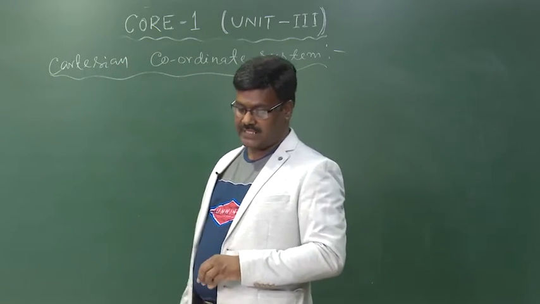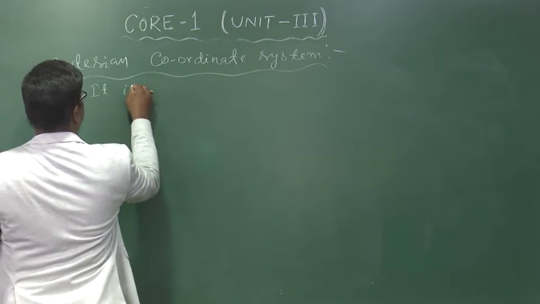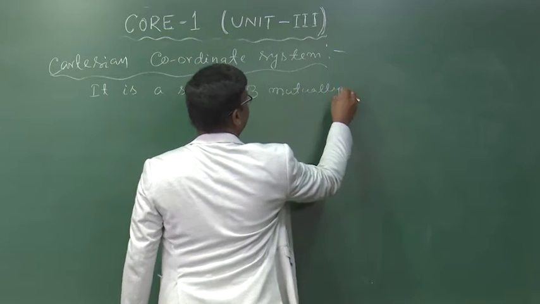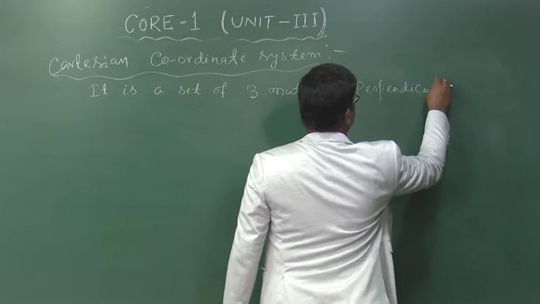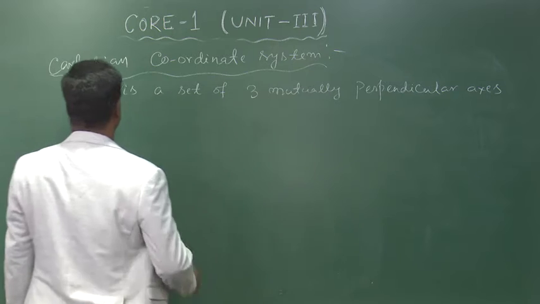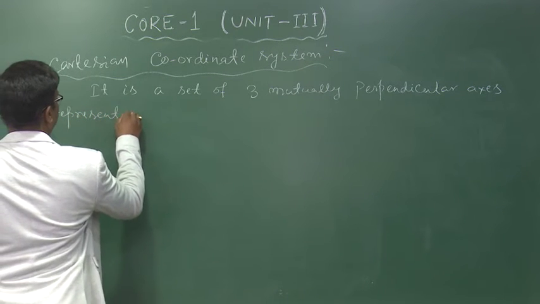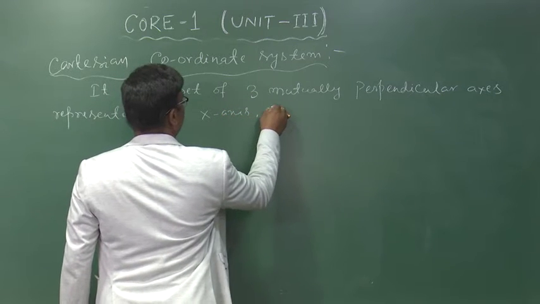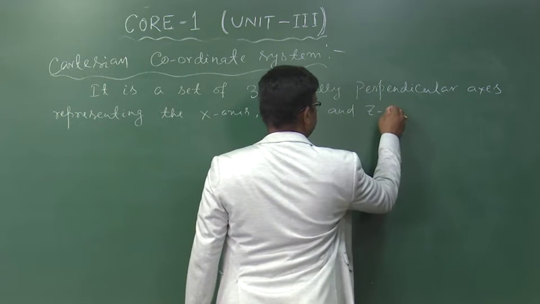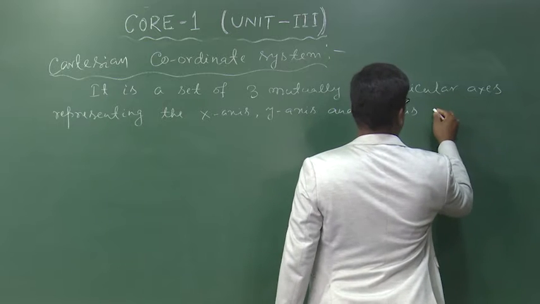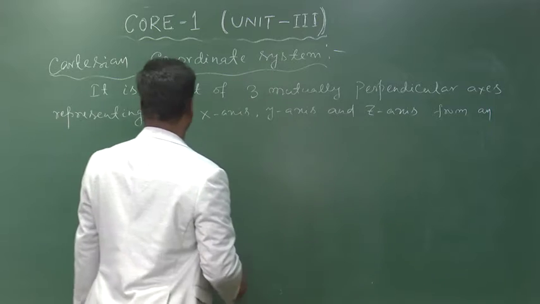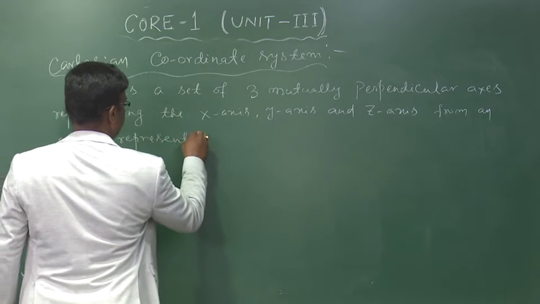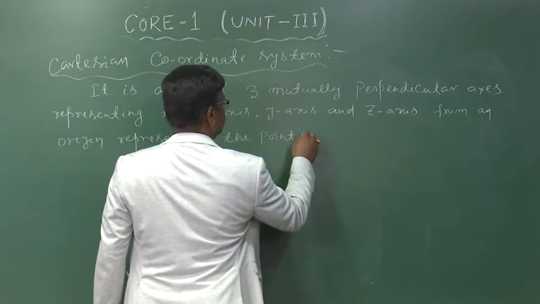So, a Cartesian coordinate system is a set of three mutually perpendicular axes representing the x axis, y axis and z axis from an origin, representing the point of reference.